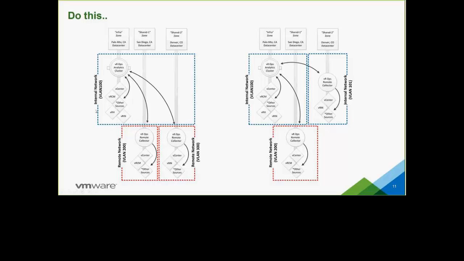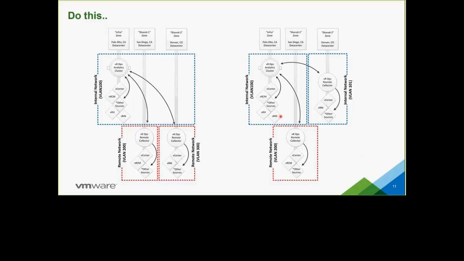Let's get a little marker, perhaps, a little highlighter. So here, this is in one data center, so that's on the same LAN, same logical data center. Your vROps nodes are all inside there, and your remote collectors are elsewhere. You can see geographically they're in different locations. This is good. This is also good, as you can see.